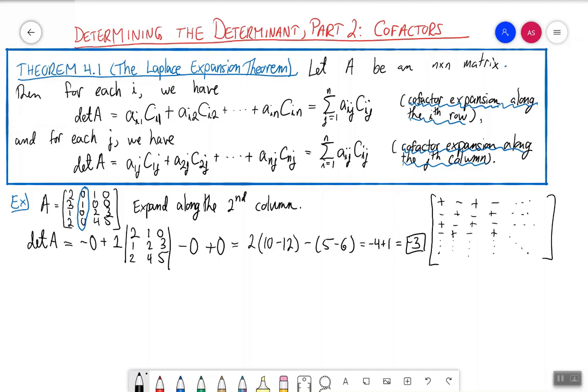But notice in here we did slightly less calculation, and that was because the column that we chose to expand along had more zeros than the row we expanded along in the last example.